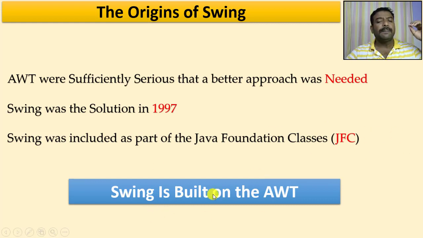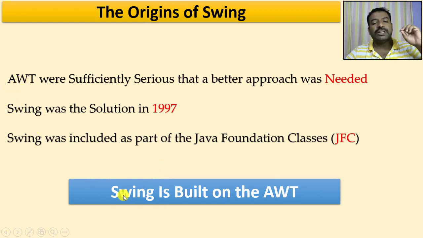And Swing is built on AWT. So remember this. When I say AWT and when I say Swing, Swing was an alternative to AWT. This doesn't mean that AWT will be scrapped and Swing will be used alone. No, that's not the case. Swing is built on AWT.